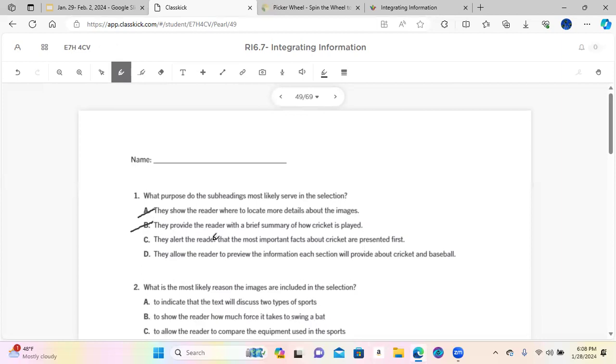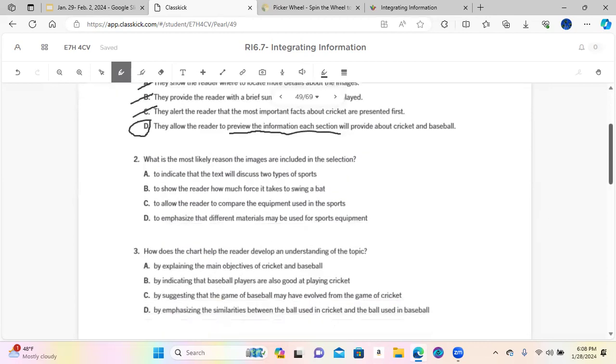C, they alert the reader that the most important facts about cricket are presented first. No. D, they allow the reader to preview the information each section will provide about cricket and baseball. Yes. So once you read the subheadings, you will have a preview of what you're going to read about in that section. So that's the most suitable answer.